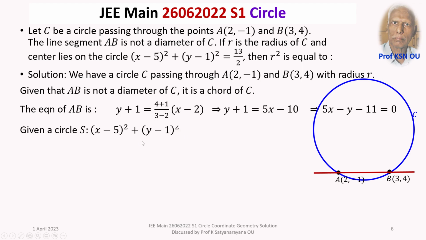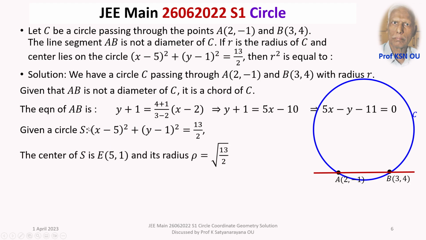We are given another circle S given by (x - 5)² + (y - 1)² = 13/2. Clearly, the center of this circle, let's denote by E, will have the coordinates (5, 1) and its radius is the square root of 13 by 2.